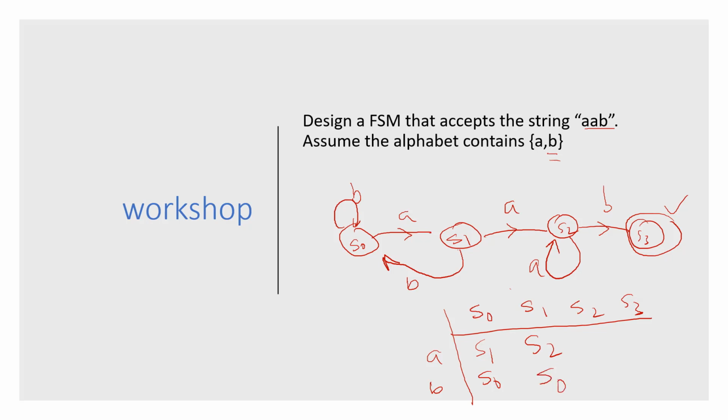S2 and A should stay in S2, S2 and B should go to S3, and that's the final state. Unless you want to repeat this machine, we don't really do anything in the final state. So this completes the demo. I think we have done a number of things where you would be able to design a finite state machine.